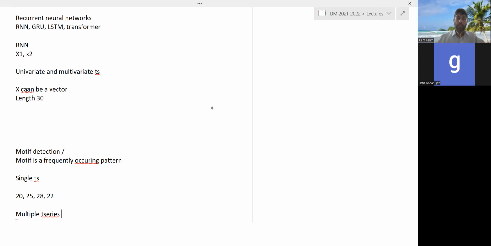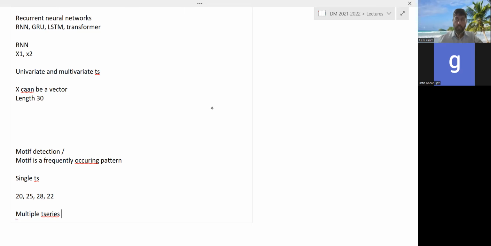That would be the pattern that has a frequency of 30, or 100%. So if it occurs in all those 30 time series, then that would be the most frequent motif. That would be the top motif. But of course, we would like to find lower ones as well. Okay, so that would be across multiple time series.